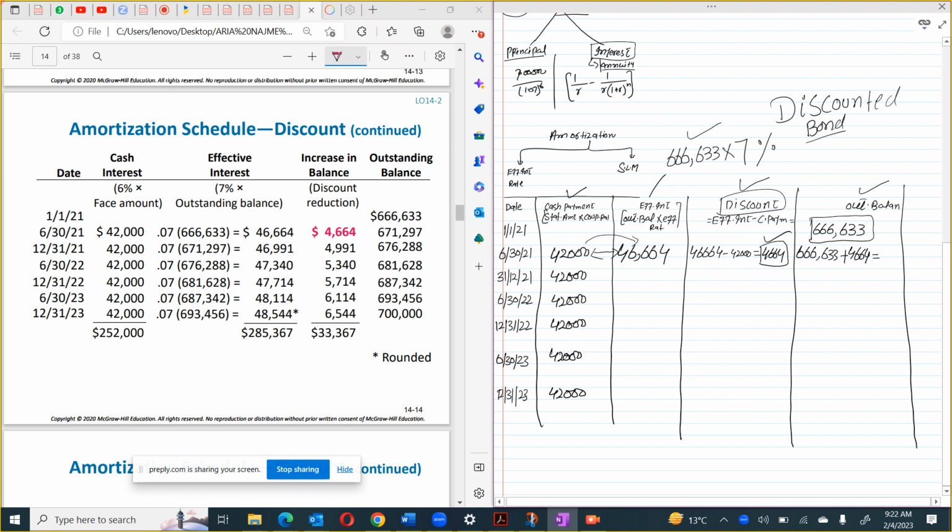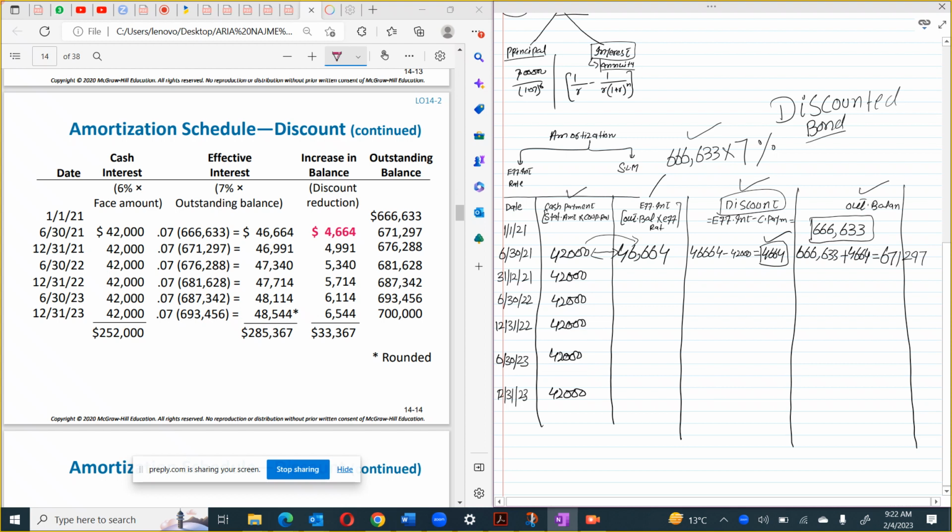Okay, I will repeat this cycle, then you will know this. You will make a practice, and this cycle will repeat every time. So your current outstanding balance for 30th June 2021 is 671,297. Got it?